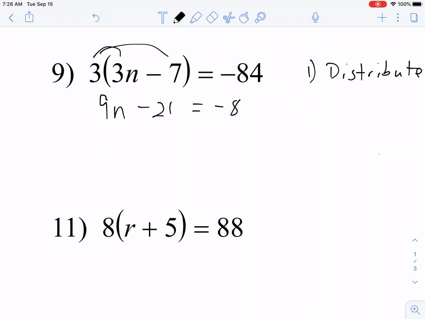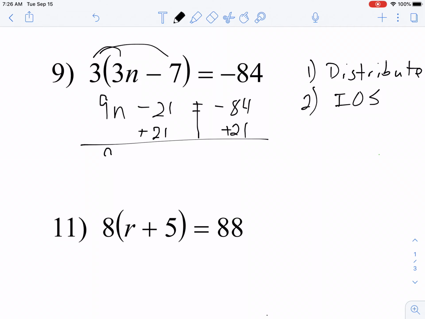Negative 84 comes down. The second step is to do the inverse of subtraction. So minus 21, you want to change it to plus 21 so we can get rid of it. What you do on one side, you have to do on the other side. 9n comes down. The 21s cancel. Equal sign comes down. Negative 84 plus 21 is negative 63.